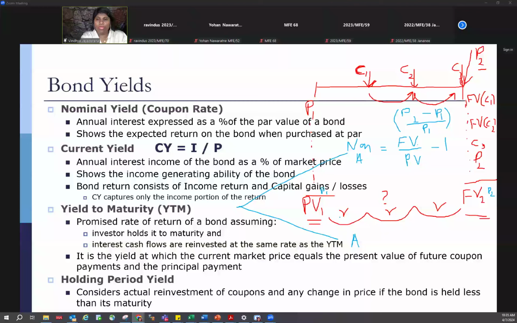If I want to annualize my R, to annualize and find it, I can say my return is what? Future value equals present value times 1 plus R to the power n.